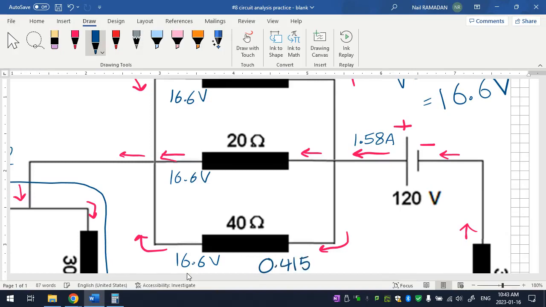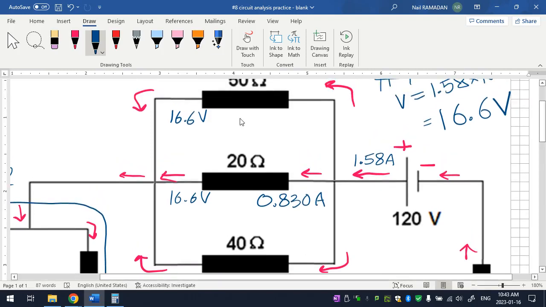0.415. In what unit? Ohms, volts, amperes, amps. Okay, how about 20? I know it's half of that, because if you divide 40 by this and you divide 20 by that, you should get half, which makes sense. Yes. 0.830 amps.